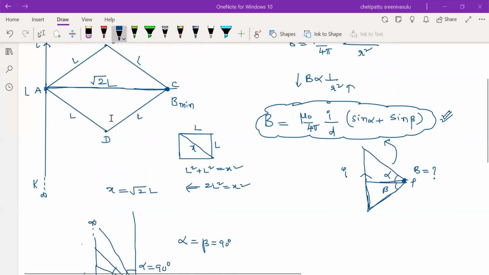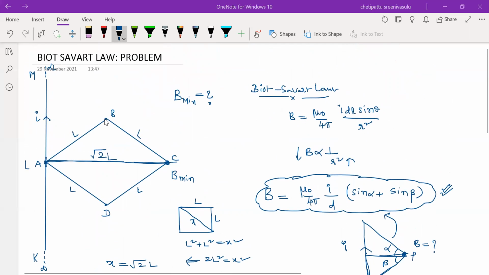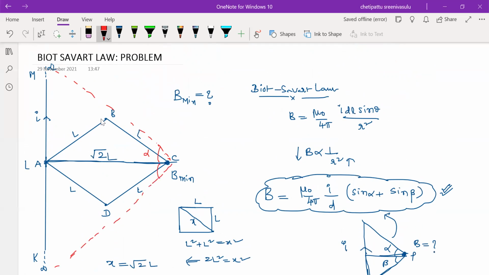Look at here. For this infinite conductor, alpha is 90, and beta also comes as 90.